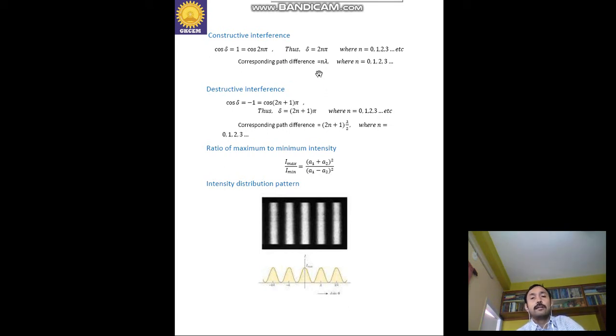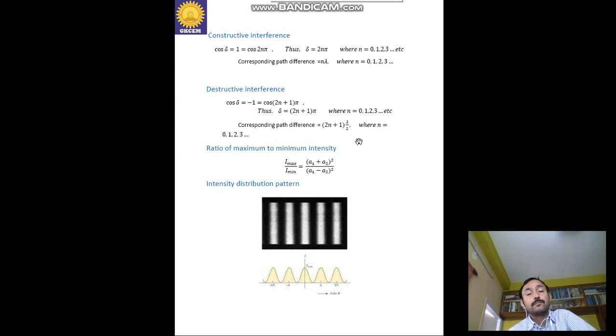For destructive interference, the minimum value of cos δ is -1, so this becomes cos δ = cos (2n+1)π. Thus δ = (2n+1)π, n = 0, 1, 2, 3, etc., and its corresponding path difference is (2n+1)λ/2.